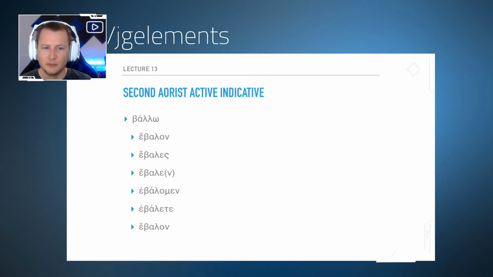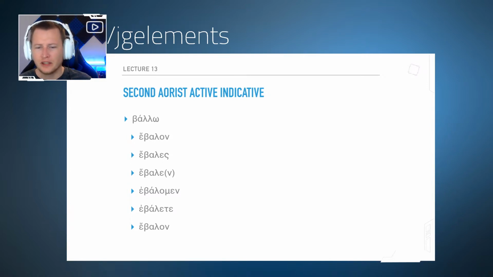Boom. Ebalon, ebales, ebalen, ebalomen, ebalete, ebalon. I still can't say that one right. So there you go. I threw, you threw, he threw, we threw, you all threw, they threw.